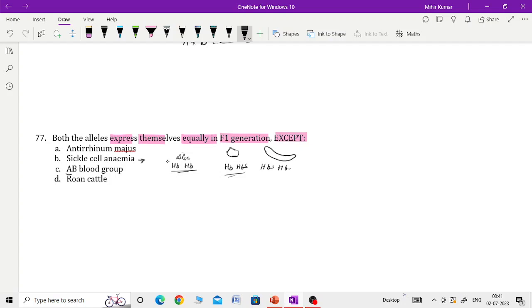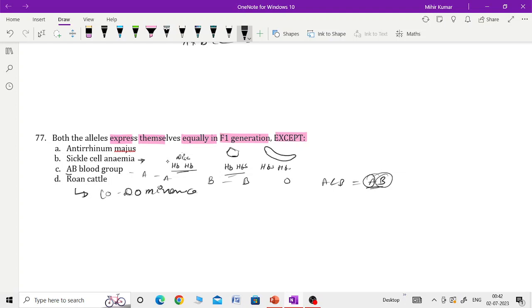ABO blood group, we will just explain that key. When A is present, then the blood group is A. B is present, then blood group B. If A or B is not present, then blood group O. But if A and B both are present in the RBC, then the blood group is AB. Means A and B both are present in the ABO blood group. And Roan cattle is also an example of codominance.